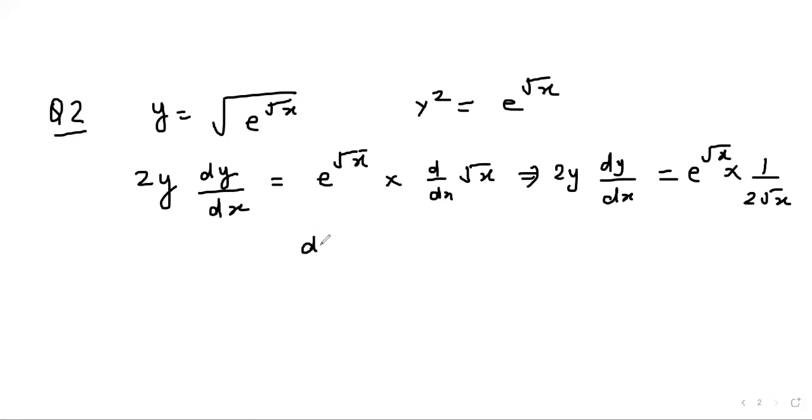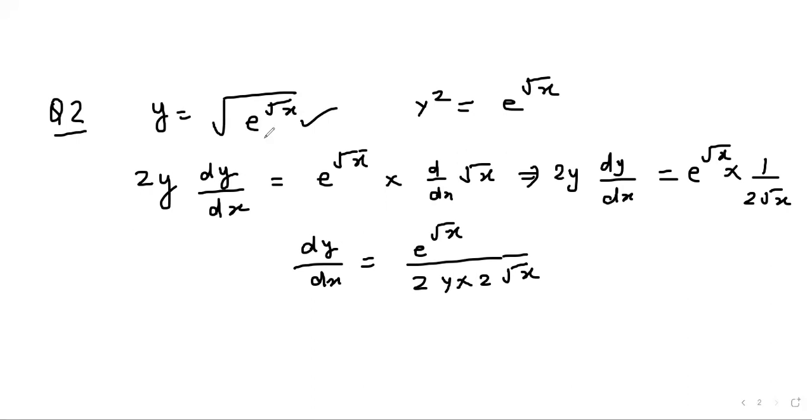Now dy by dx equal to e power root x divided by 2y times 2 root x. But y is square root of e power root x. So 1 upon 4, e power root x divided by root x times root of e power root x.